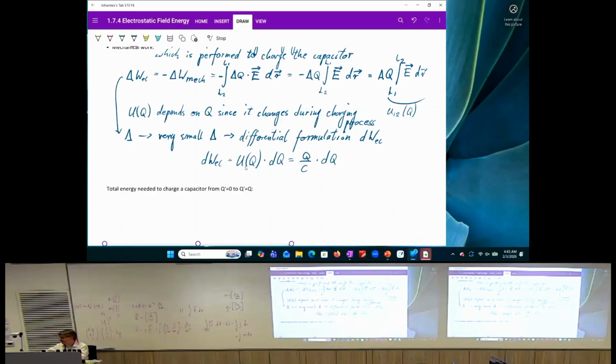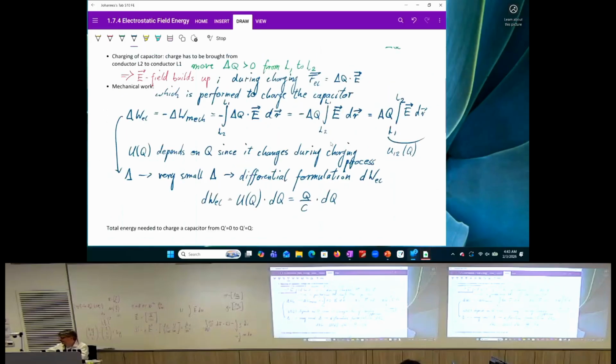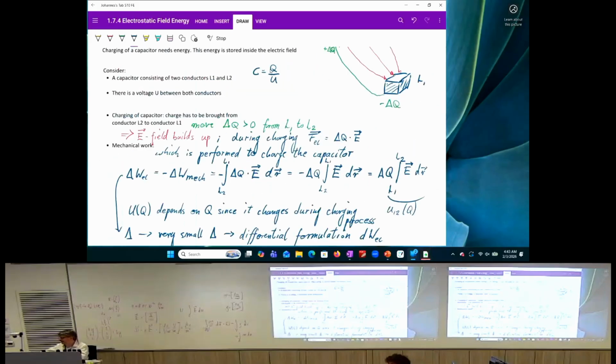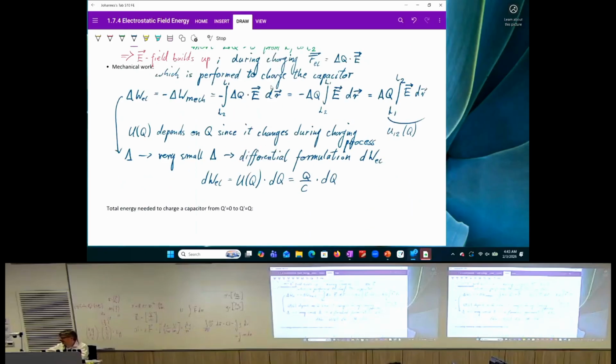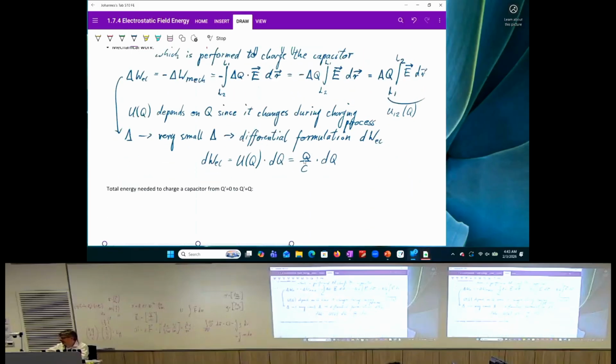So this charge dependent voltage, we can just give here as Q over C, because that is a definition. C is Q over U, so the capacitance is charge over voltage, so you can write the voltage is charge over capacitance. The capacitance depends on geometry and material parameters.